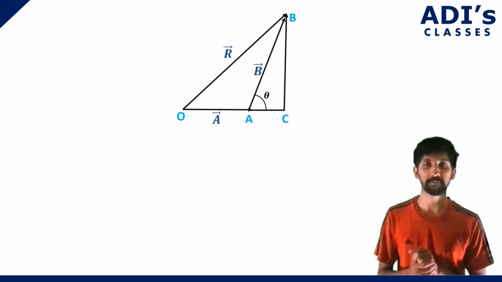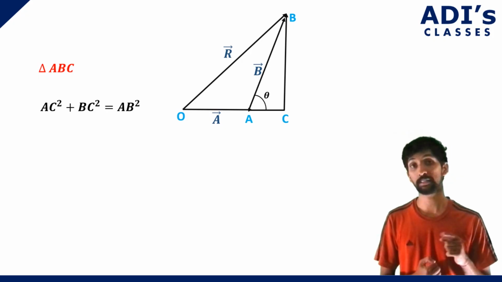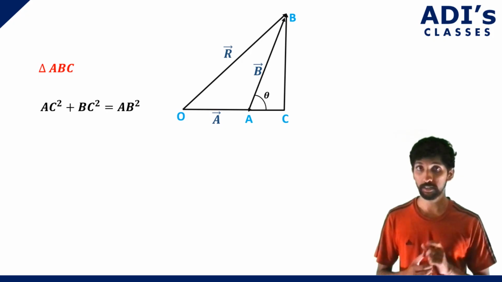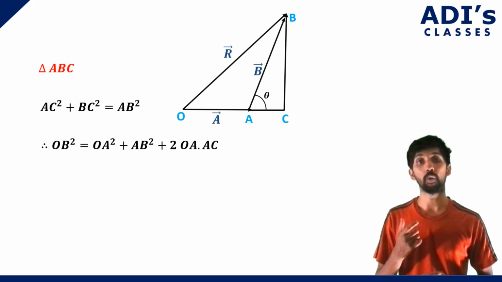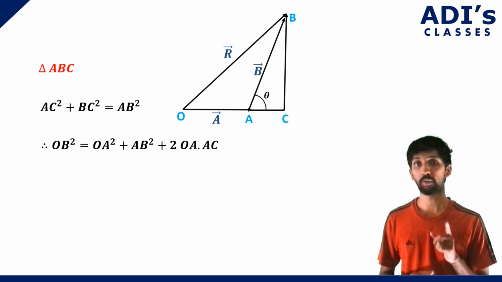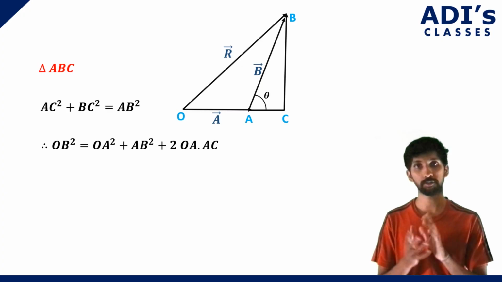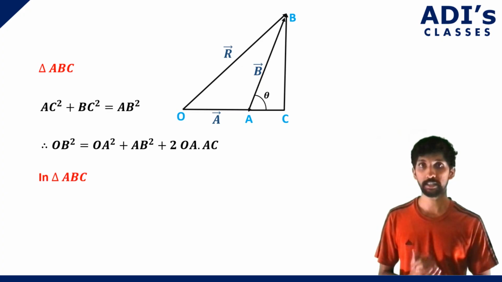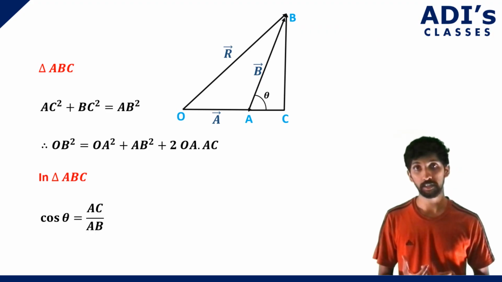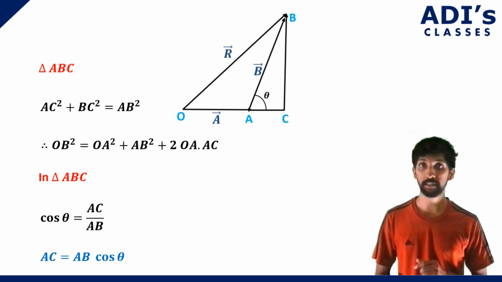Now consider triangle ABC. In ABC, what is AC square plus BC square? It's nothing but AB square. So we apply that here, and we get OA square plus AB square plus 2 OA into AC, correct? Now we go back to triangle ABC itself. You have angle theta. What is cos theta? Cos theta is AC divided by AB, right? So AC is AB into cos theta.